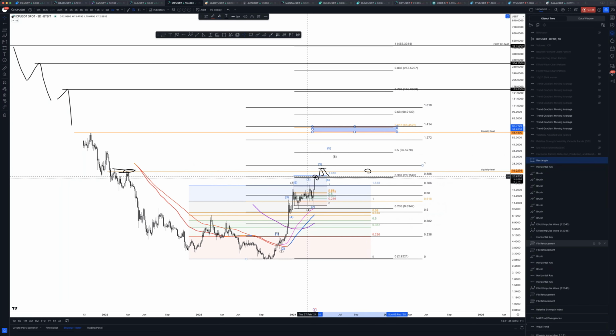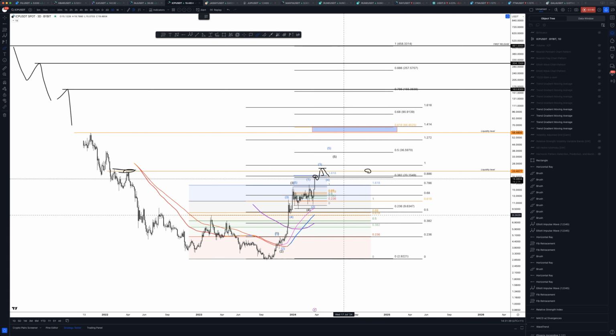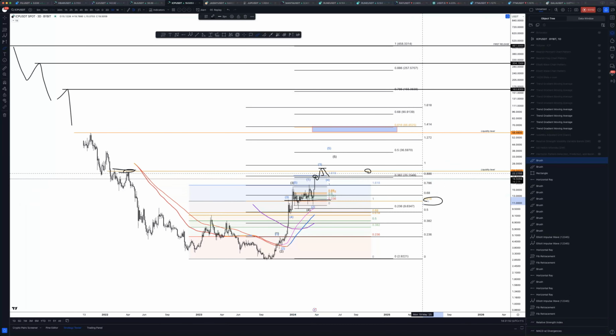Using another method where we assume some Fibonacci levels. If we've assumed that this is, where is it? This level is the 0.618 level. A fib extension of 1 is there, which is close to the same level here as well.